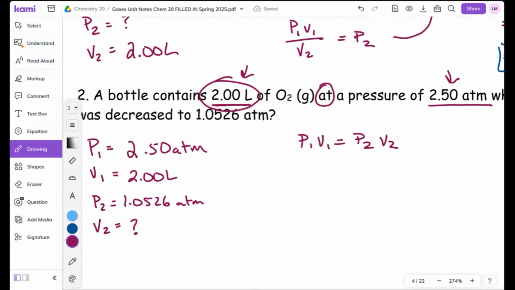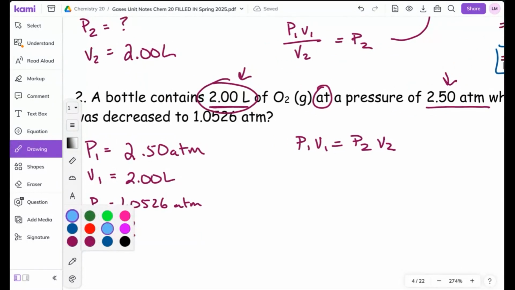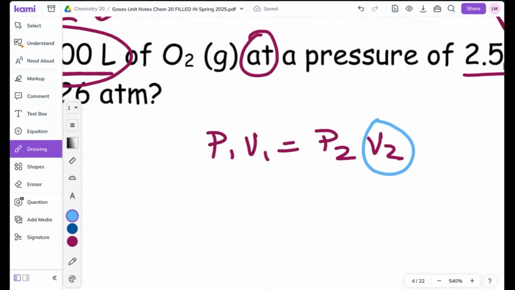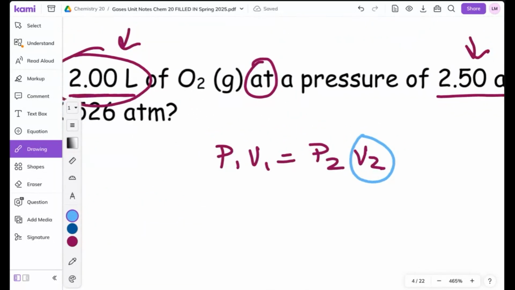Again, I'm just going to rearrange the equation first. If you wanted to, you can plug in the numbers first and then isolate for your variable afterwards, you can do that too. But I'm just going to show you how to isolate for your variable because I find that that's a skill that a lot of students need practice on.